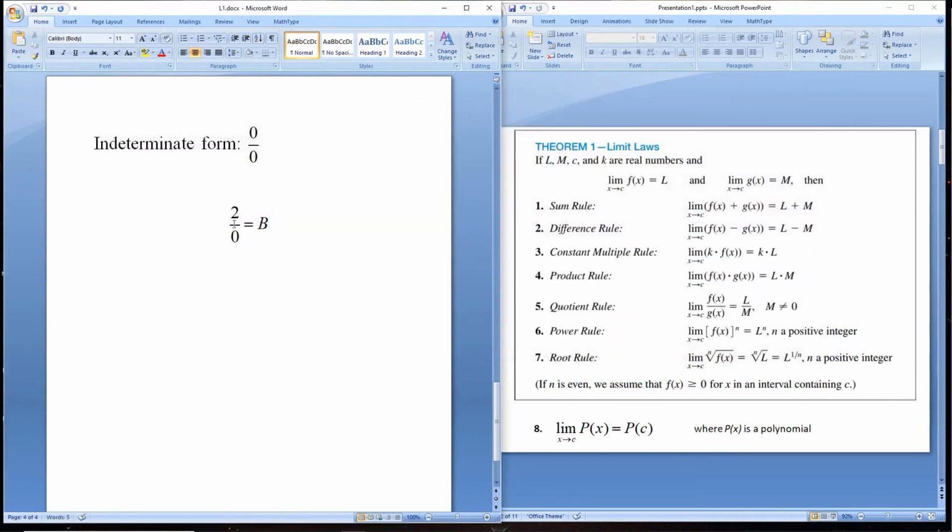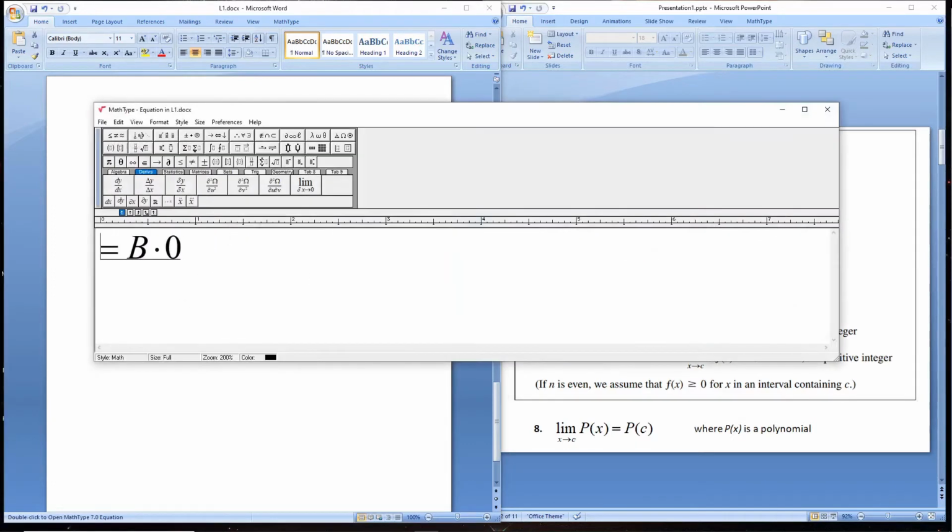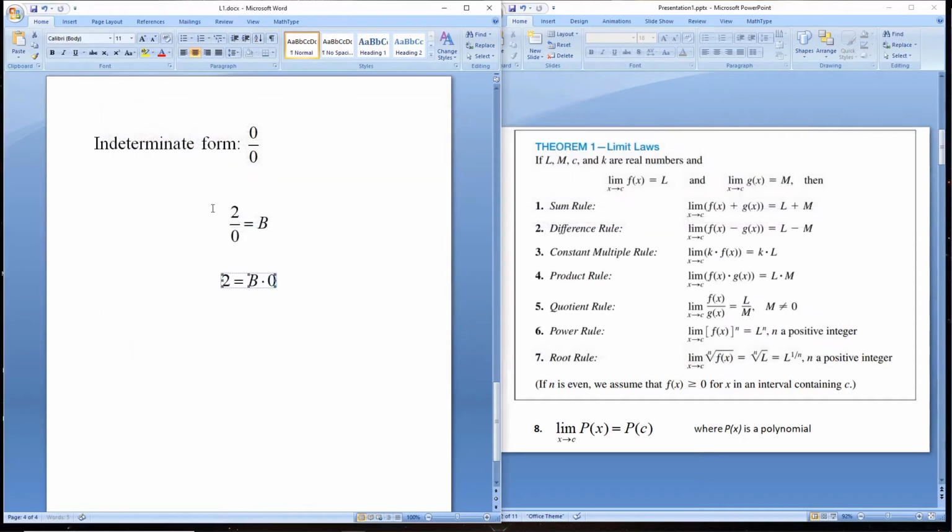Let's say 2 divided by 0 equals something. We don't know. We'll just call it b. Now, if we multiply both sides by 0, we will get this expression. Now, if you look at this, 2 equals b times 0. Well, what number b solves this?